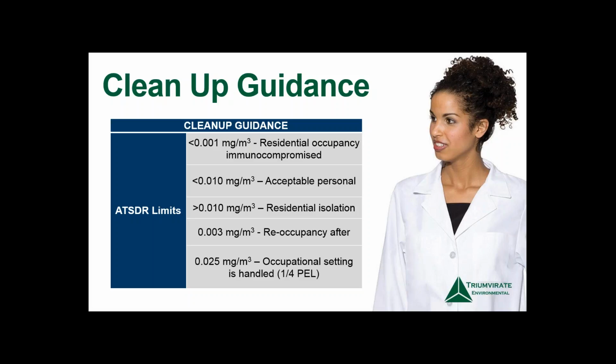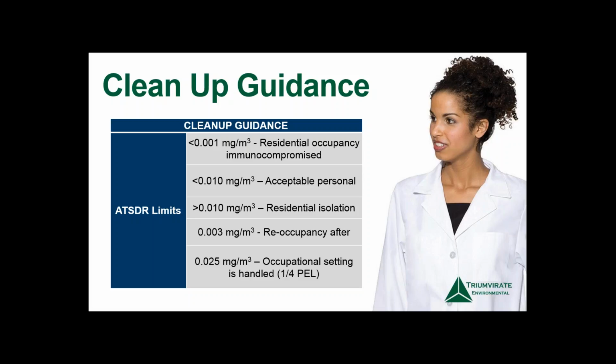Residential isolation is recommended when concentrations are greater than 0.01 milligram per cubic meter, and that is to say if a thermometer is broken in somebody's home, they should isolate the area from those residents at that concentration, so keep them out. And then reoccupancy after the spill, and this is for a commercial setting or a laboratory setting, research setting, they recommend a concentration of 0.003 milligrams per cubic meter.